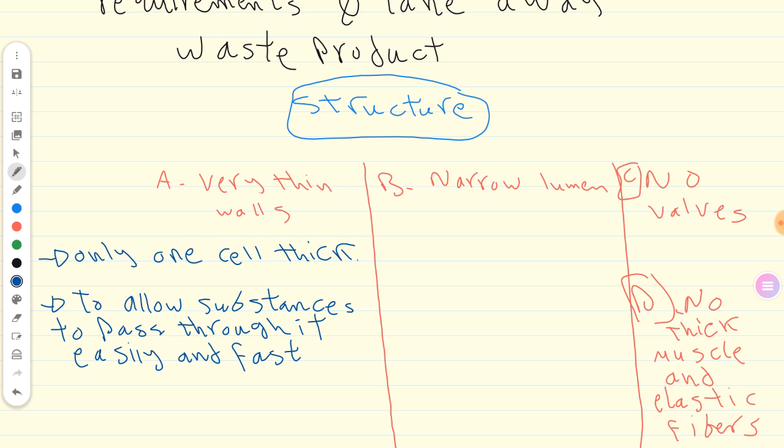You must also know that the lumen is wide enough to allow red blood cells or red blood corpuscles to pass through it.